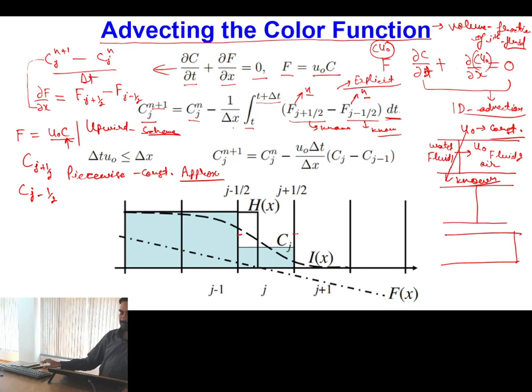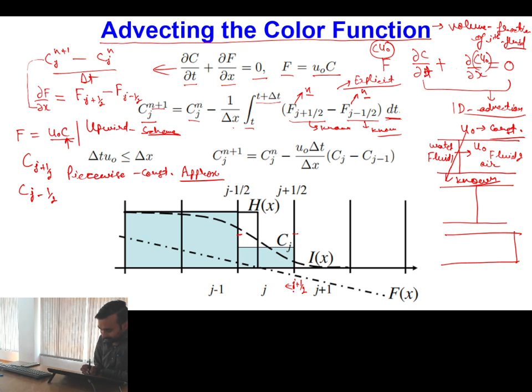What we do in case of piecewise constant scheme, if you recall, if I have to calculate a value at the face j plus 1 by 2, then I will be simply considering the value from the cell which is in the upstream direction. Is this point clear?